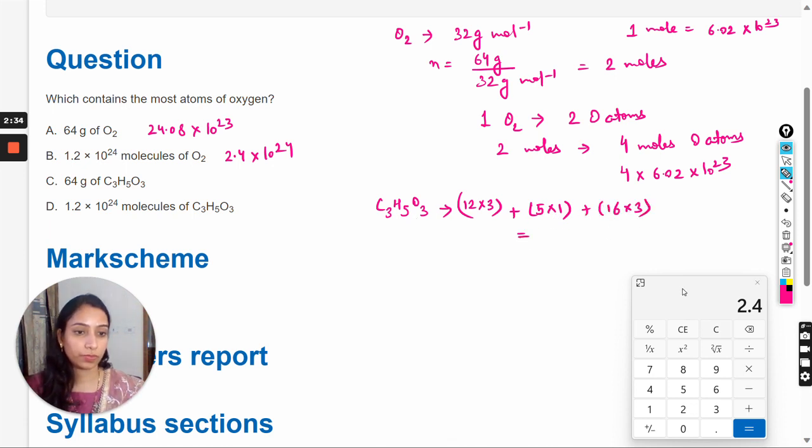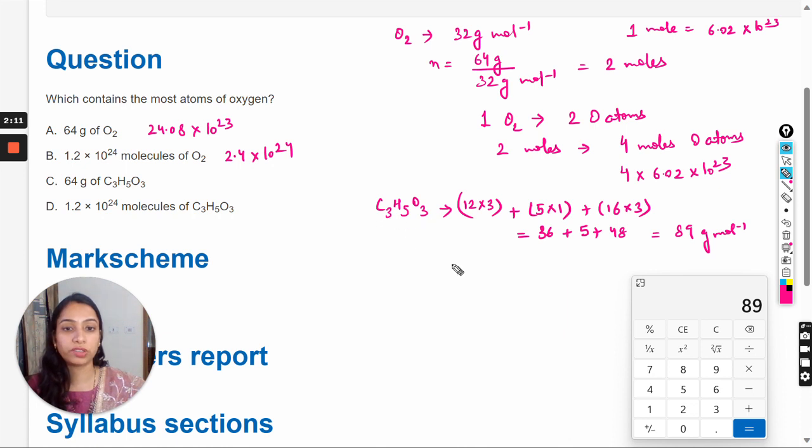So 12 multiplied by 3, 36, plus 5, plus 16 multiplied by 3, 48. So now we will add these. So this is equal to 89 grams per mole, the molar mass of this molecule.